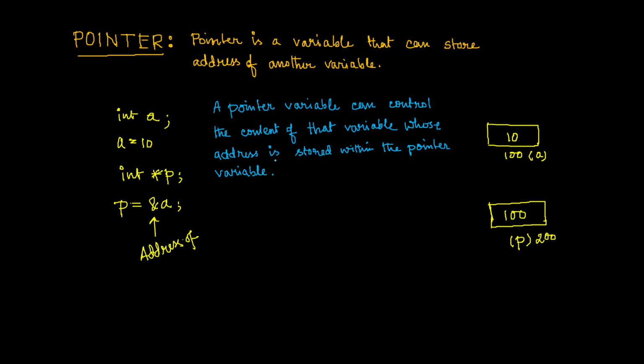What does it mean? It means since this pointer variable p contains this address 100, that's why this p can control the content of a.